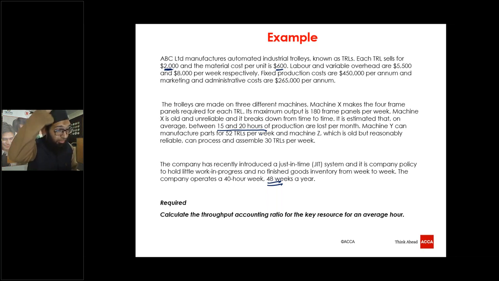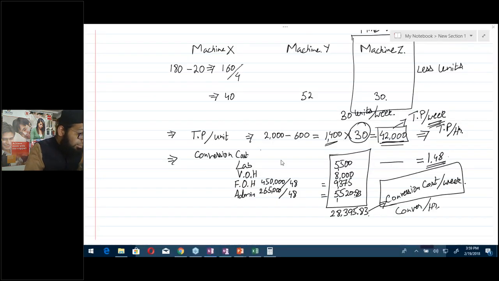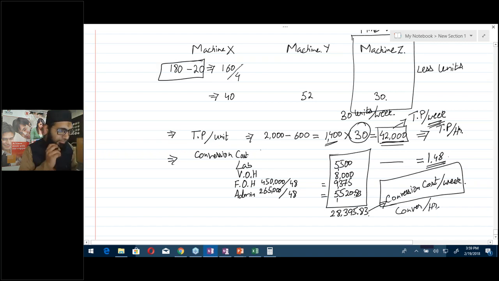Oops, these are hours, by the way. So this is a mistake. I thought it was units. So this calculation should be revised. Let's see whether there is a change on the bottleneck process or not.